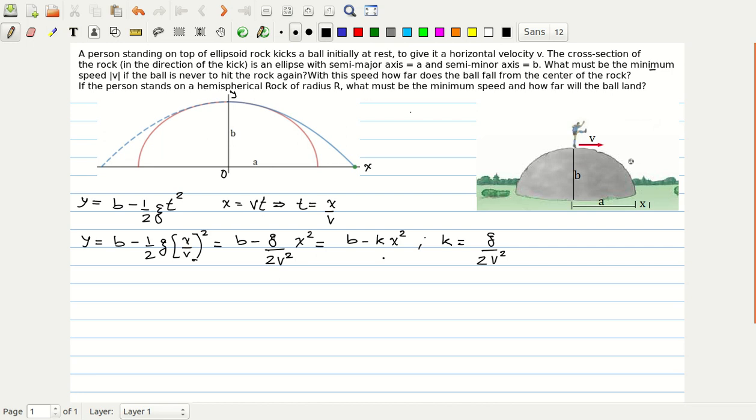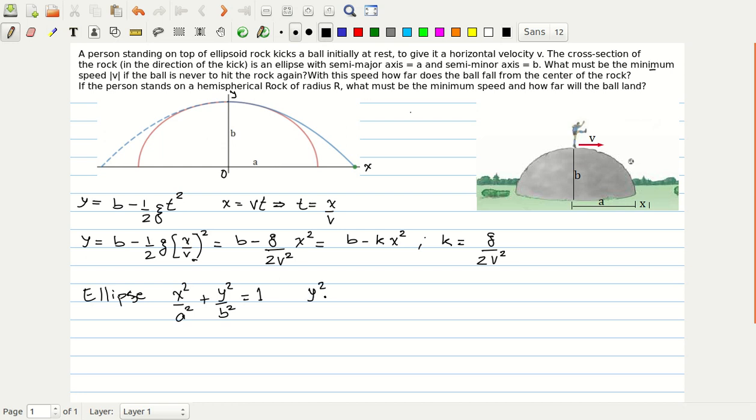If you plot it on graph paper, you can see that it is the equation of a parabola. Now what about the equation of the red curve, the ellipse? We know that the equation of an ellipse is x square by a square plus y square by b square equal to 1. So what is y square from here?